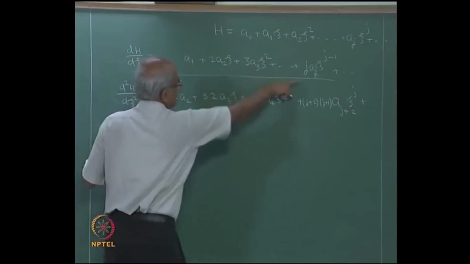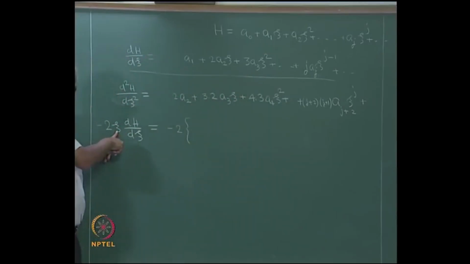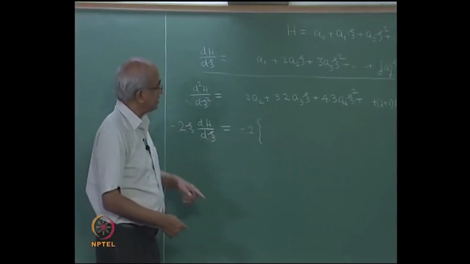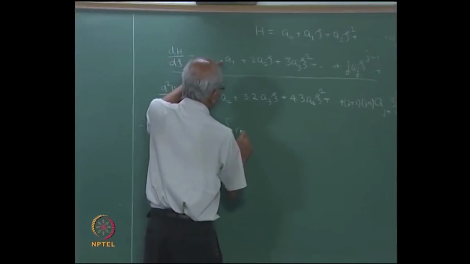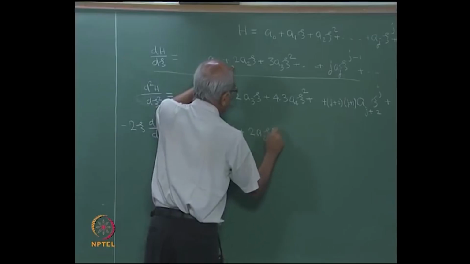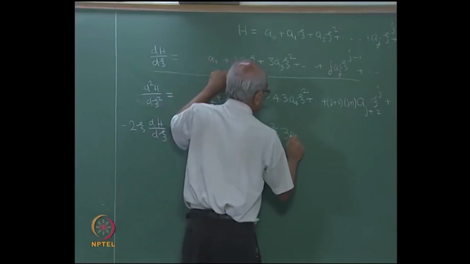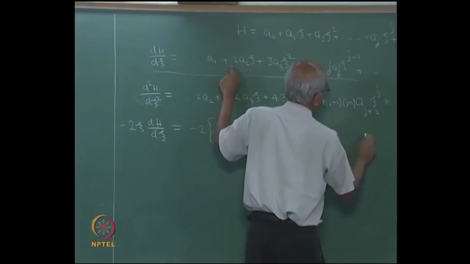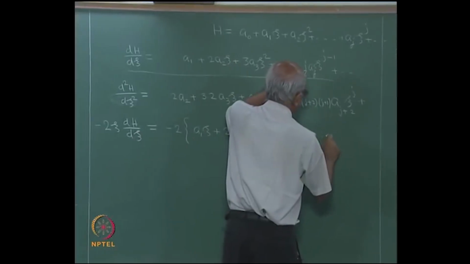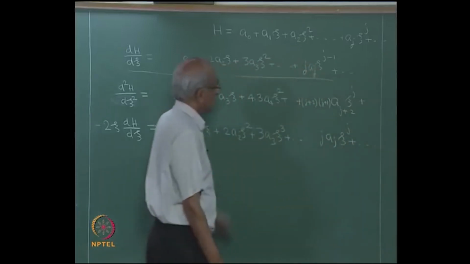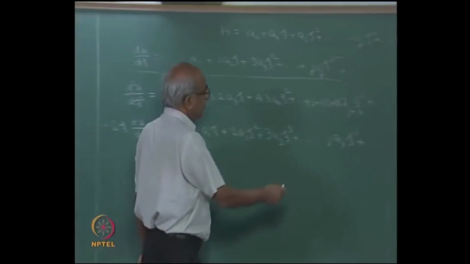So, I have to multiply this expression by minus 2 c, but minus 2 I am going to leave as a common factor, but c I am going to take inside. So, the first term that I will get will be a1 c, next term will be 2a2 c square, 3a3 c cube plus etc., and this term will actually give me j aj c to the power of j plus etc., and I have to close the bracket.